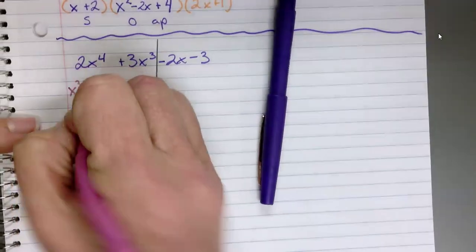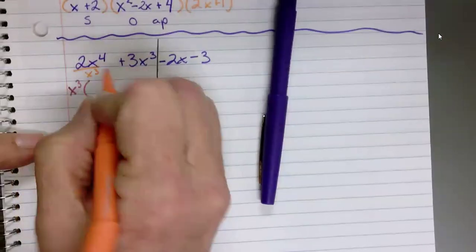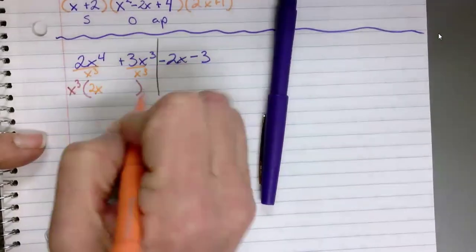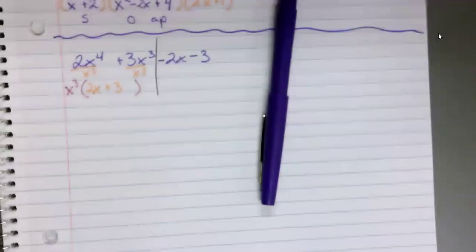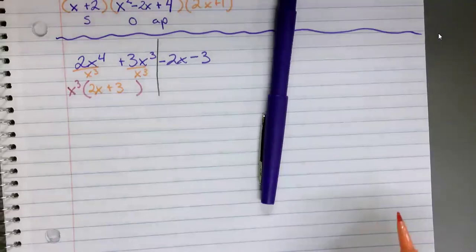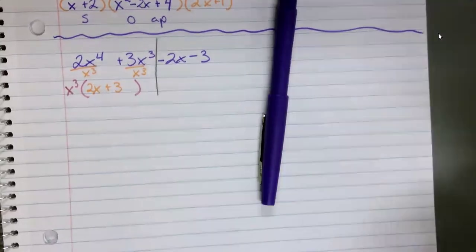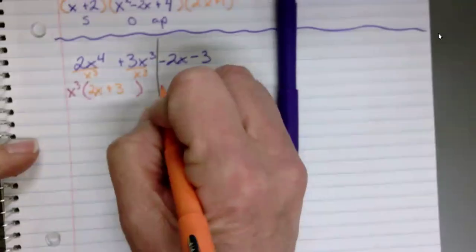And that's going to leave me, let me write it down so I can see it better. Divided by x to the third, I'll get 2x. Divided by x to the third, I'll get plus 3. There we go. And then I do it to the other side. Oh, it's almost already there. I have 2x plus 3, and then on the other side, I have 2x minus 3. So to get them to match, I'm going to take out a -1.